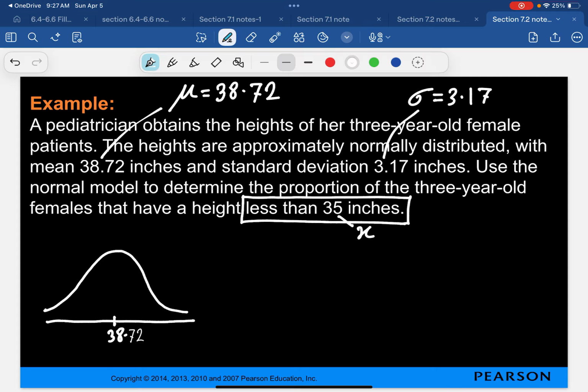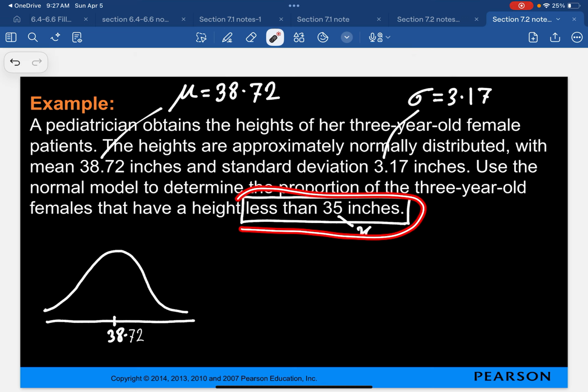Remember, guys, the proportion is exactly the area under the normal curve to the left of 35, because they're talking about less than 35 inches.